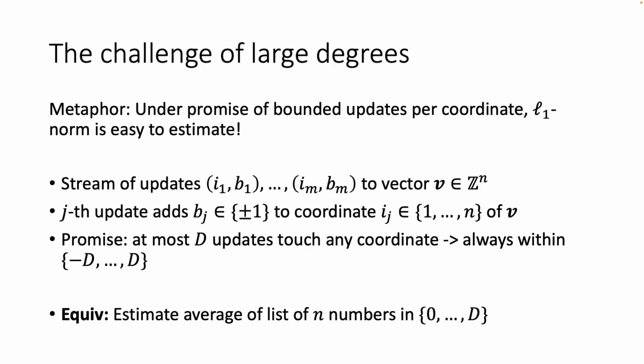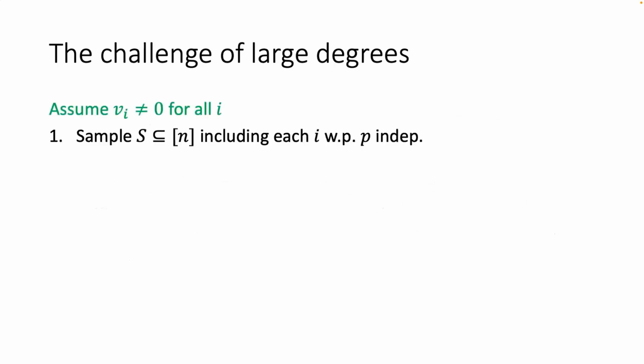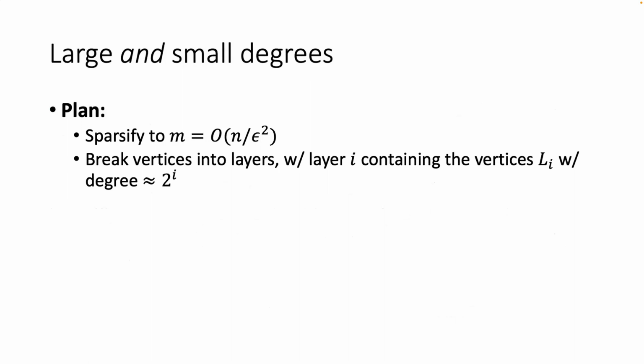Similarly, we have to do a lot more work to get an algorithm for this snapshot estimation problem without a bounded degree assumption. The very general outline of how the algorithm that gets the square root n approximation without any bounded degree assumption works is that we break the graph into a bunch of layers, and each layer corresponds to the vertices whose degree is roughly 2 to the i.